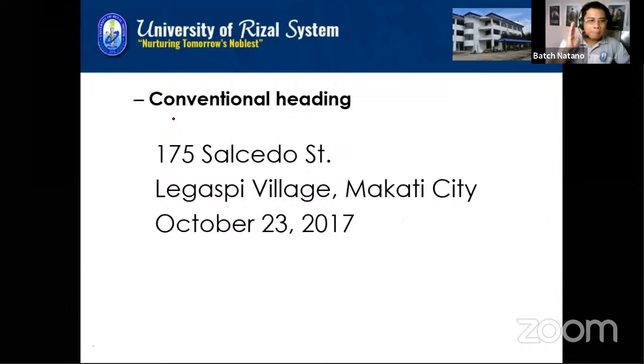So just know how to cut the address. Let's say, for example, 175 Salcedo Street, we cut the street, then Legazpi Village, then Makati City. You can put the Makati City below the Legazpi Village if there's still sufficient space. But if there is insufficient space, then you can attach Makati City beside the Legazpi Village. So do not cut, let's say, 175 Salcedo, and then your street is placed on the next line.